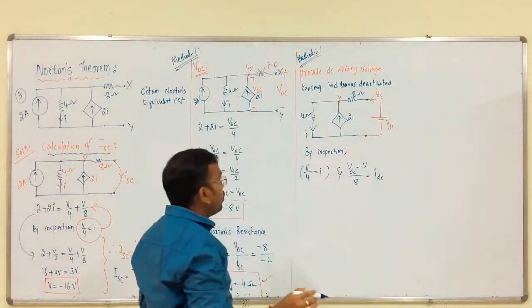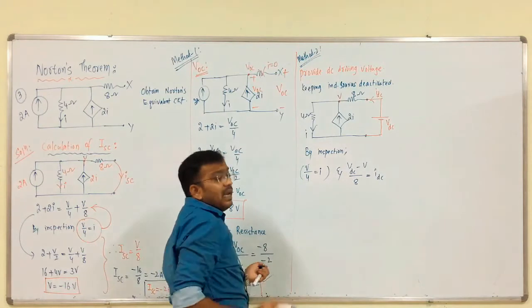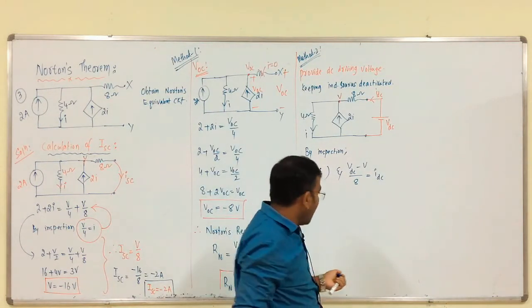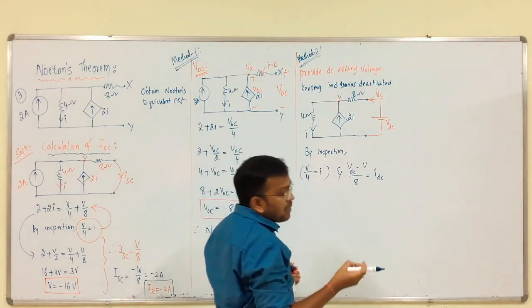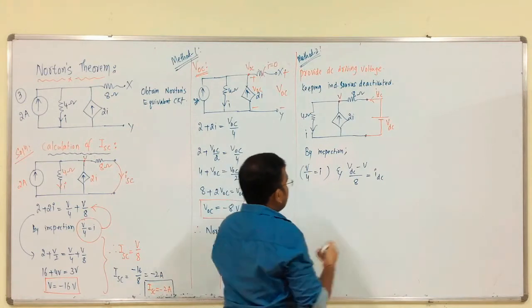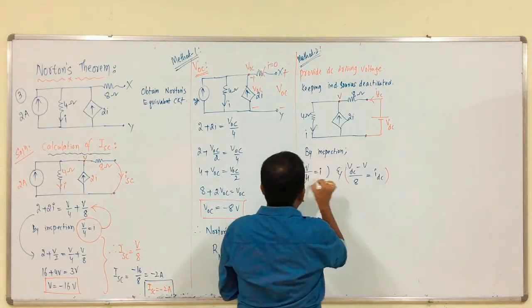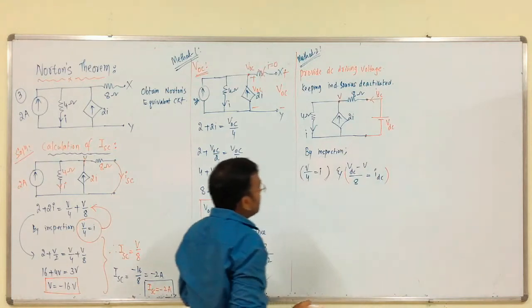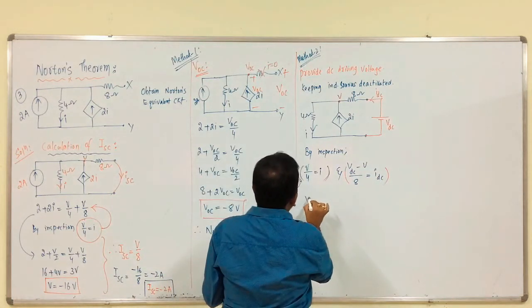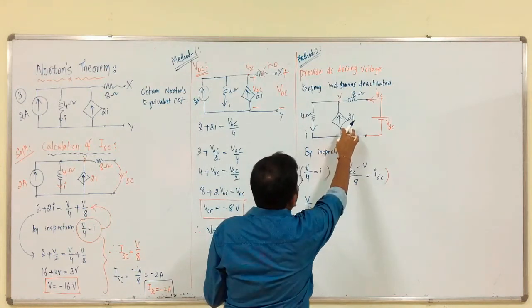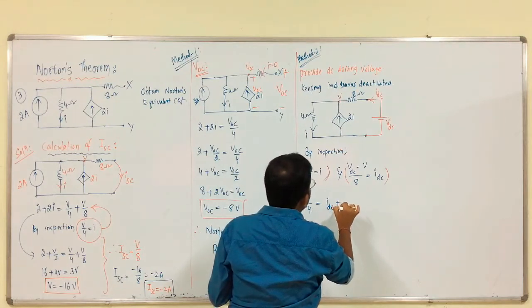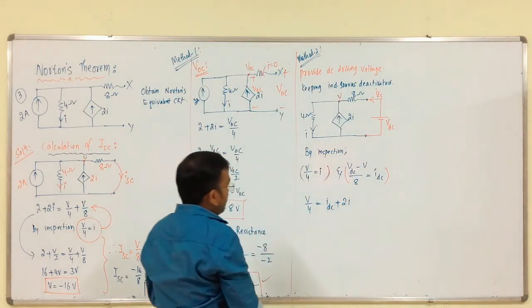So, like that you have to write. If there are dependent sources in the circuit, before calculating, first you have to write the equations by inspection. V by 4 equals I, VDC minus V by 8 equals IDC. Then by nodal analysis, V by 4 leaving, I entering, equals IDC plus 2I, right?